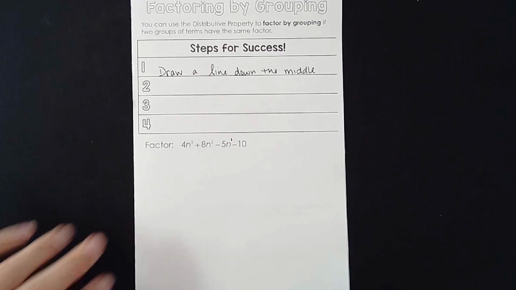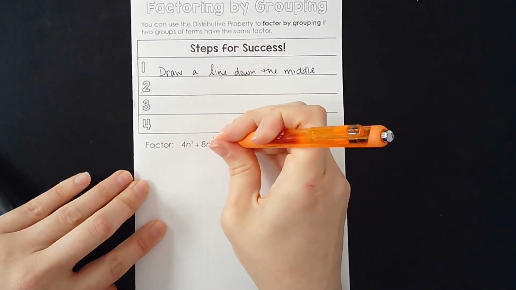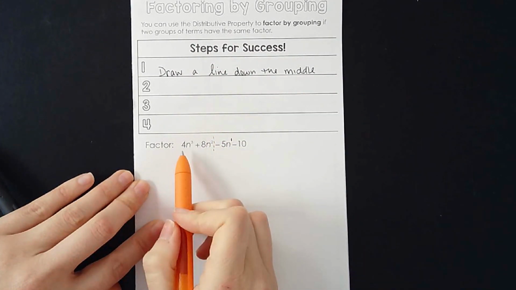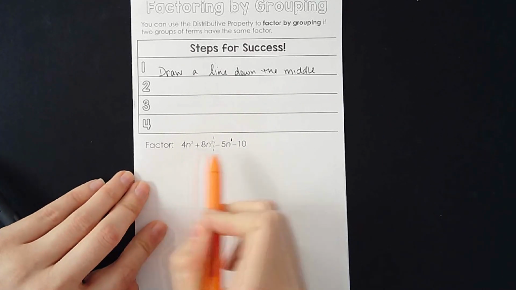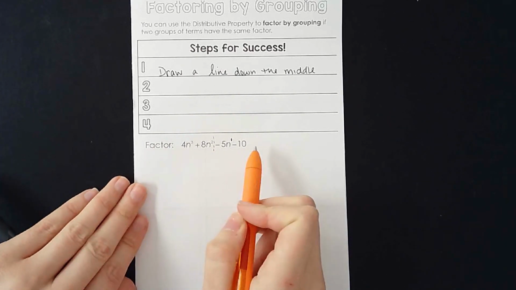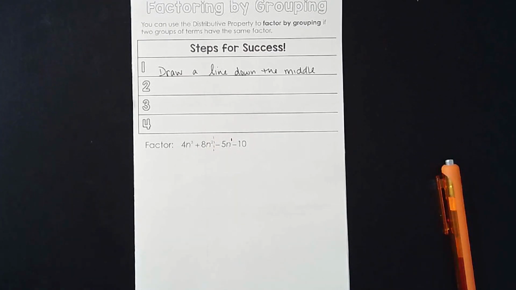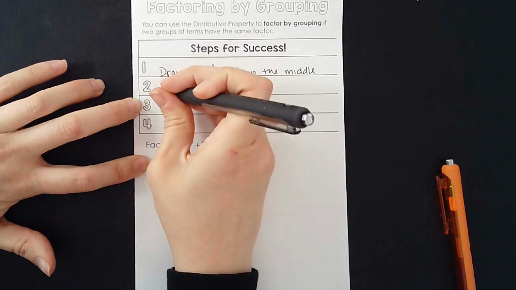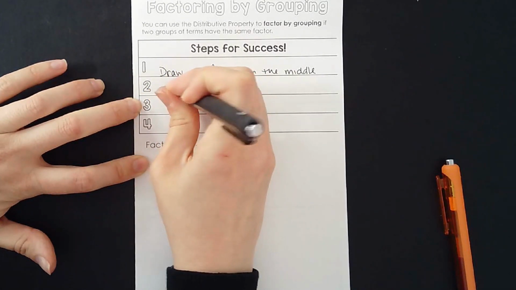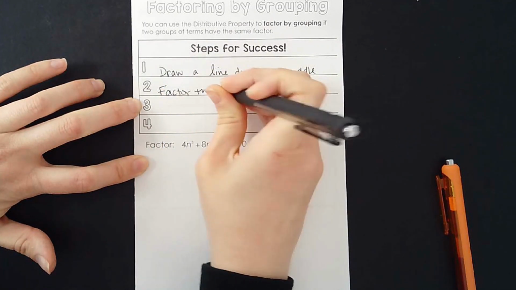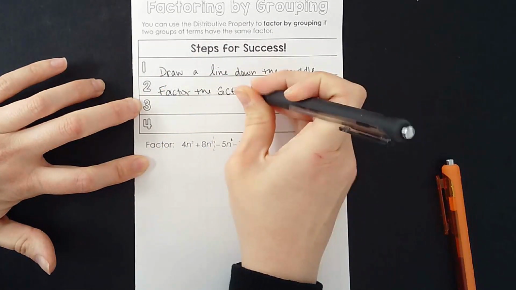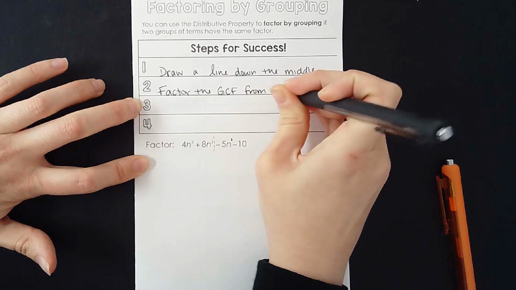So I am looking at my first 2 terms together over here and my second 2 terms together over there. Once I've done that, I'm going to factor the GCF, the greatest common factor, from each side.